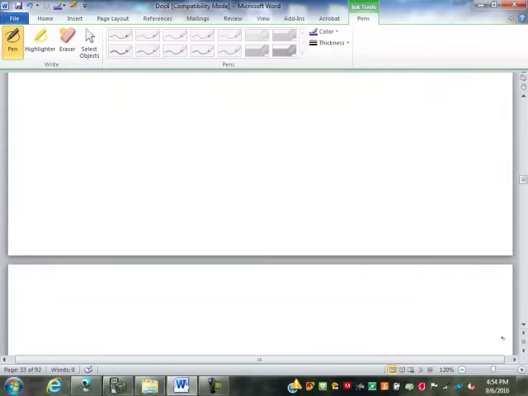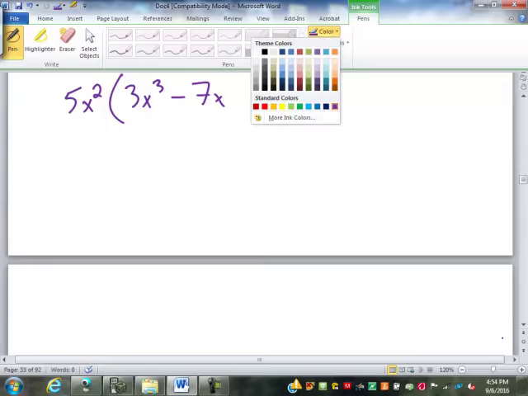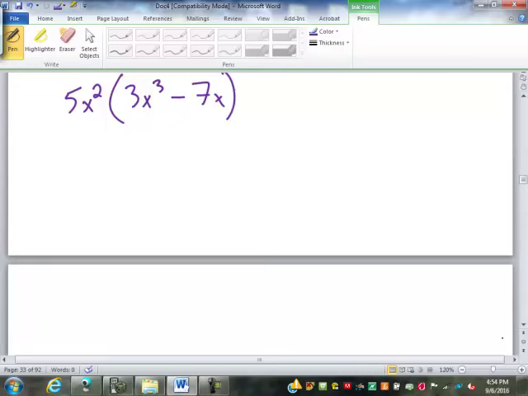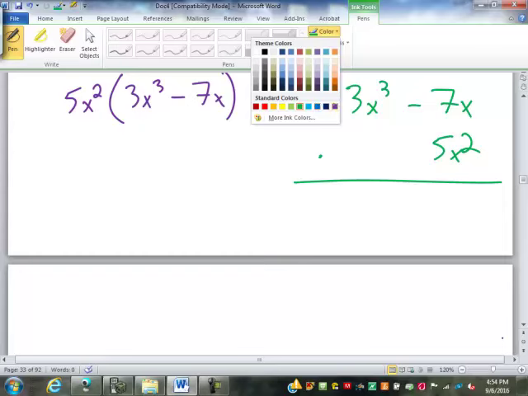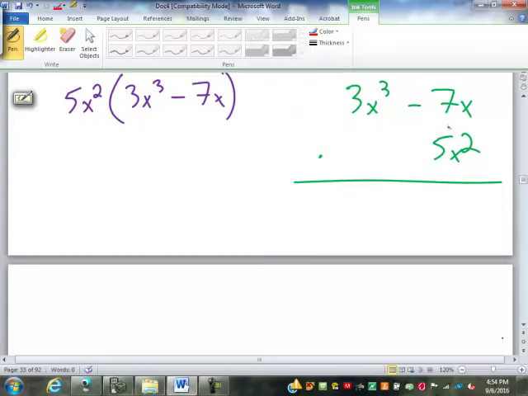So I might have 5x squared times 3x to the third minus 7x. I could write this out: 3x to the third minus 7x times my 5x squared. Notice I don't have to worry about lining up place values when I'm multiplying. 5x squared, is that times 7x?